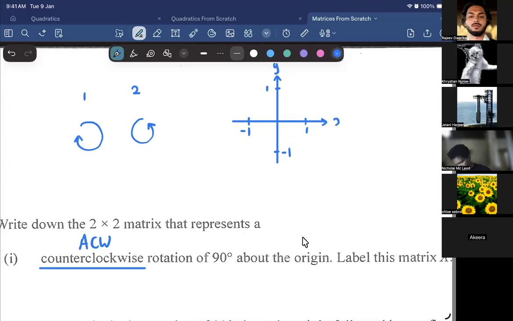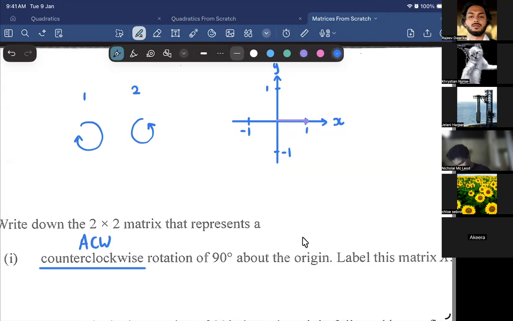All right. So Chloe, I just placed a point on what axis? On the x axis, right? Now, according to this transformation, I'm supposed to rotate it 90 degrees in one direction, counterclockwise, right?